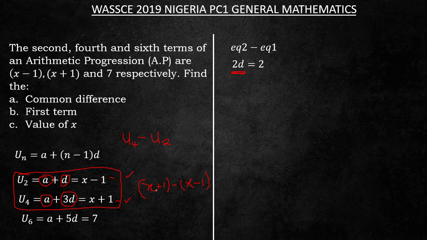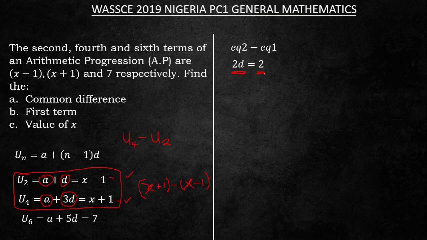So with this minus over here multiplies the x over here, I'm going to get minus x. So minus x plus x is going to give me 0. So the x will cancel each other out. Then the minus over here multiplies the minus over here to give me plus. So I'm going to get 1, then minus negative 1, which is plus 1. So I'm going to get 2. So now if I do x plus 1 minus x minus 1, I'm going to get 2. So that is how come you see this 2 over here.